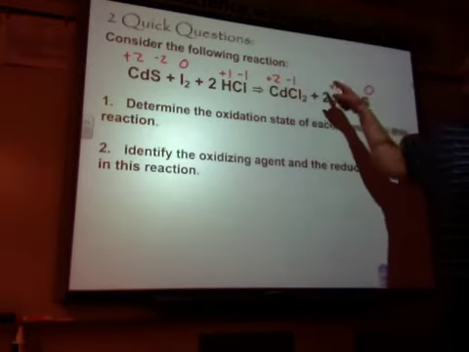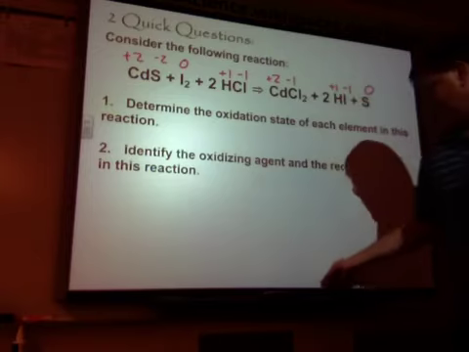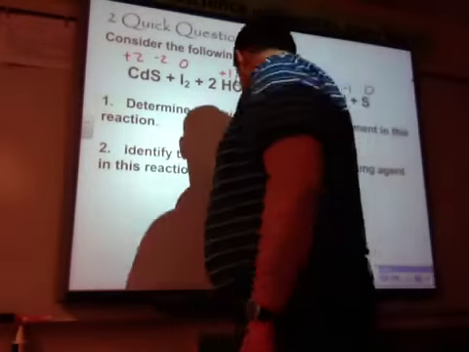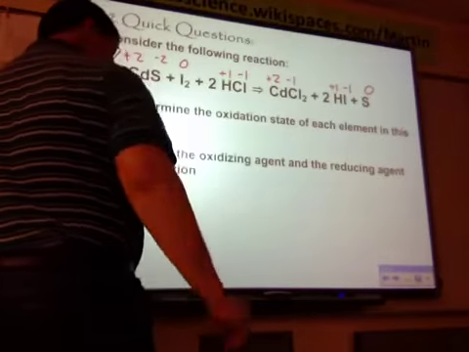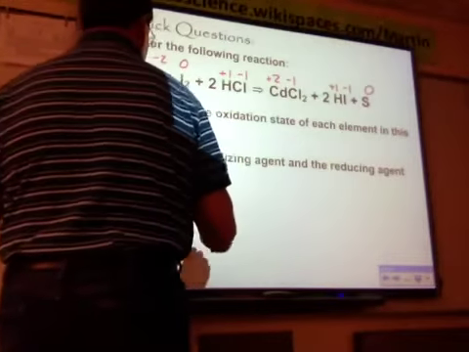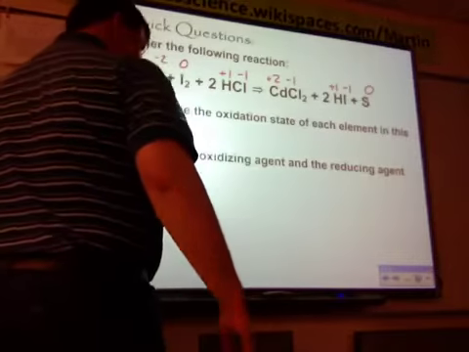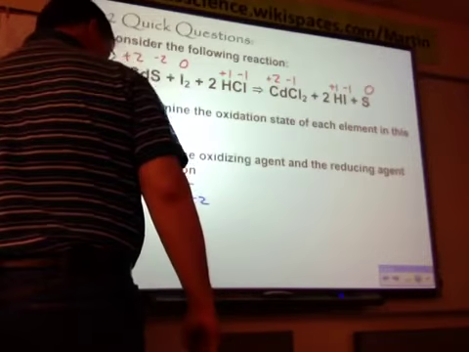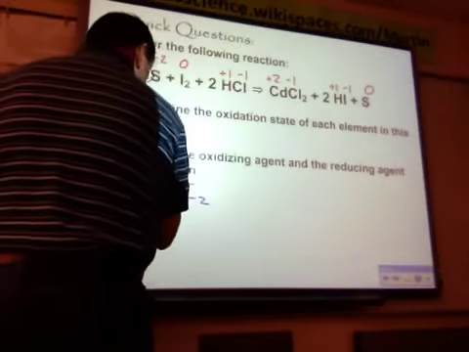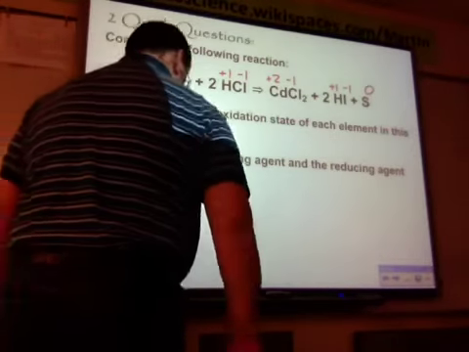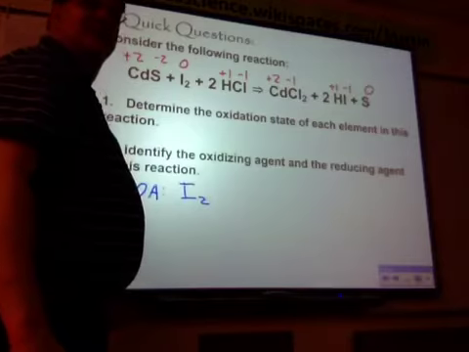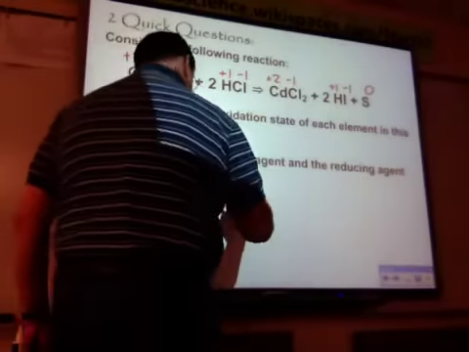Iodine is reduced to iodide. Okay? So, the oxidizing agent is iodine. And let's be a little more specific here. Let's say the oxidizing agent is I2. It's reduced to I minus.